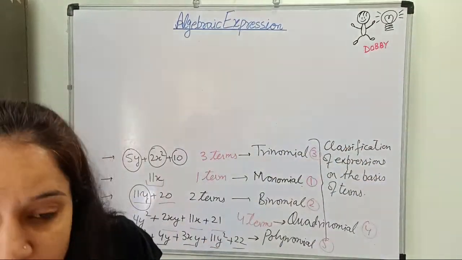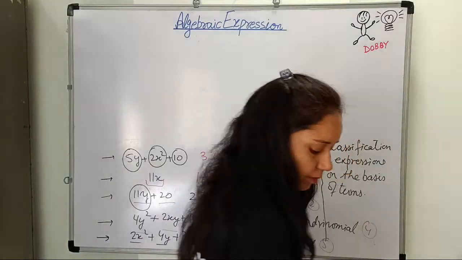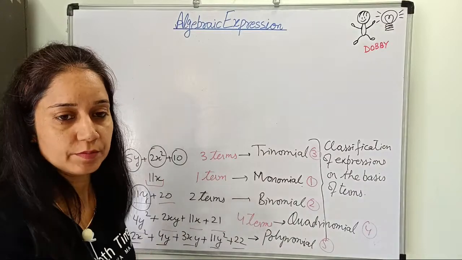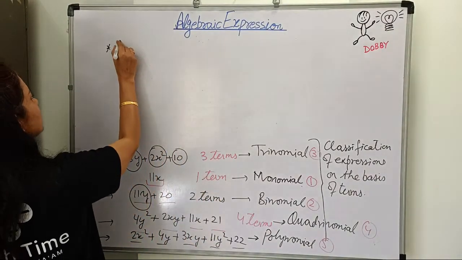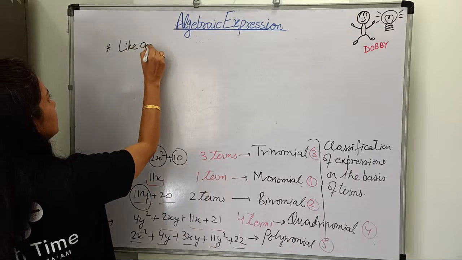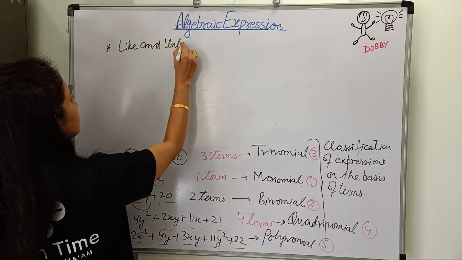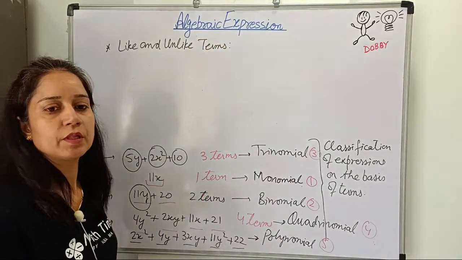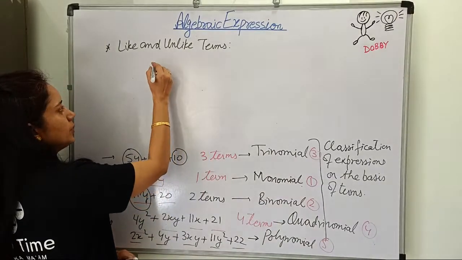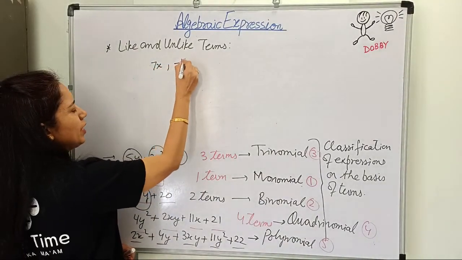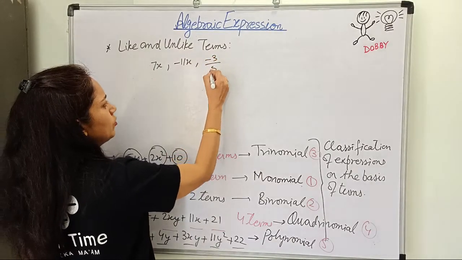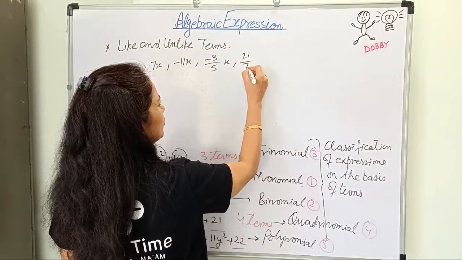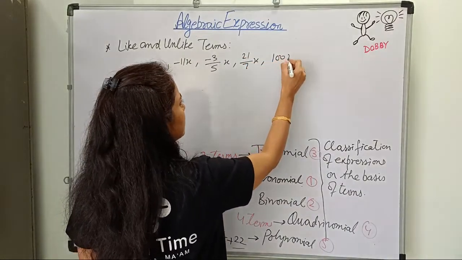Now the next concept which we are going to study is like and unlike terms. See the expression here: 7x, minus 11x, minus 3 upon 5x, or let us take 21 upon 7x, 100x.